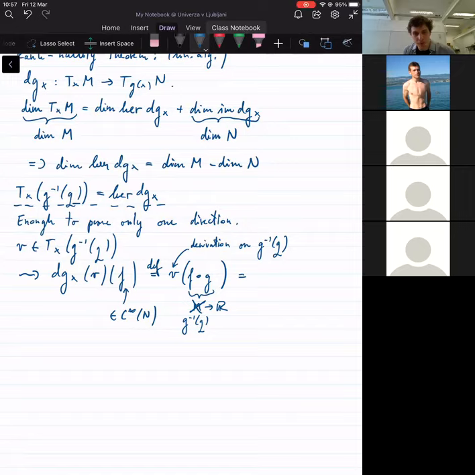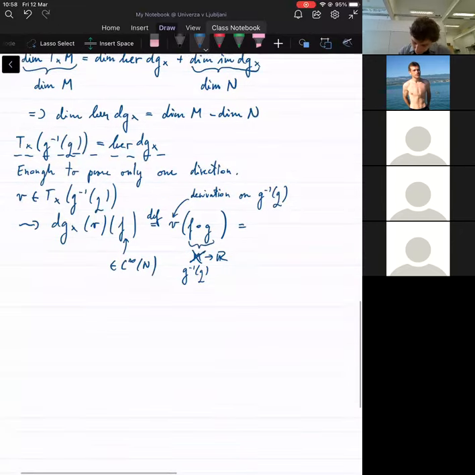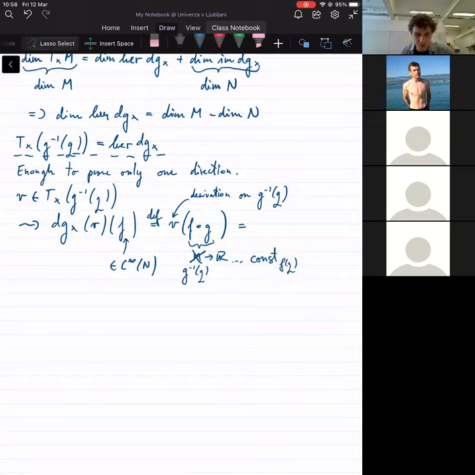So f of g is what? f of q, constant. What do derivations do on constant functions?